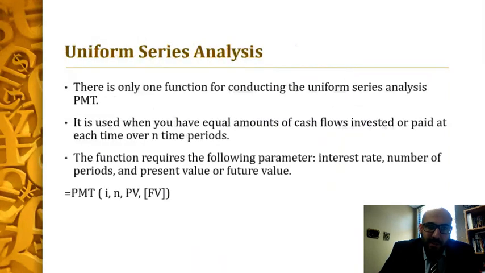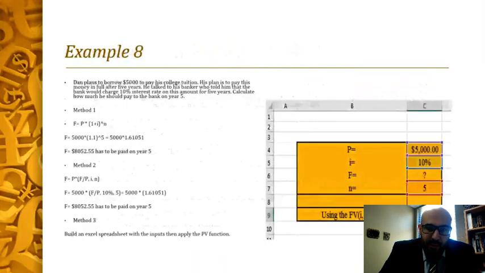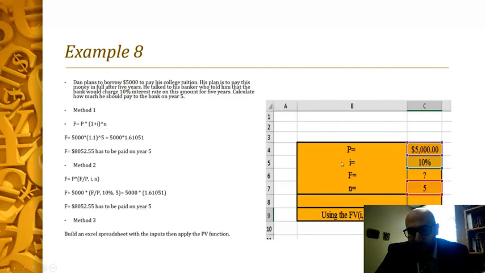Just to go back a little bit to one of the examples that we just finished about borrowing $5,000 to pay college tuition, where we used the future value. On the right side of the slide, I listed P, i, F, and n.